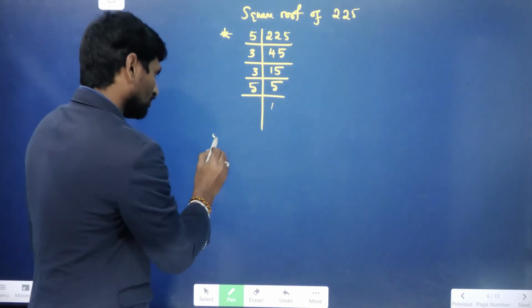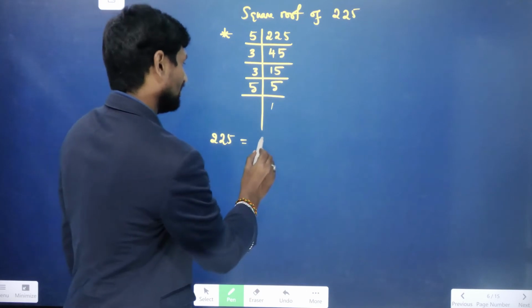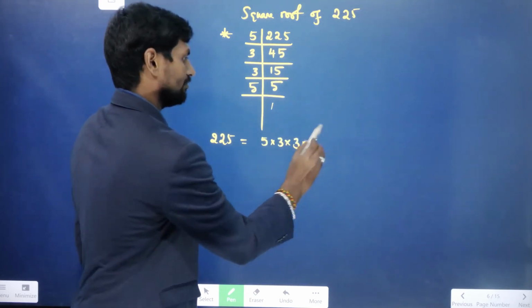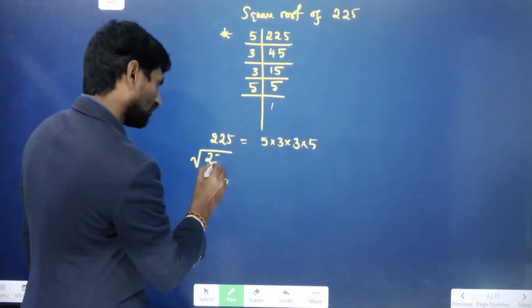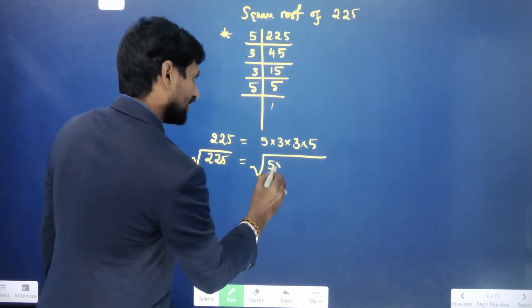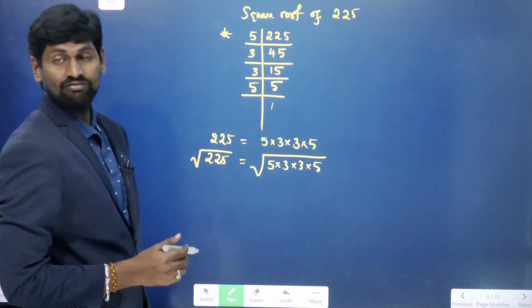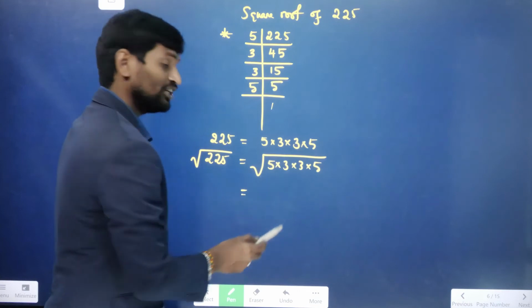So 225 we can express as 5 into 3 into 3 into 5. But I am asking here the square root. Square root of 225 equals square root of 5 into 3 into 3 into 5. 5 into 5, 5 square. 3 into 3, 3 square. We can write 5 into 3 whole square.